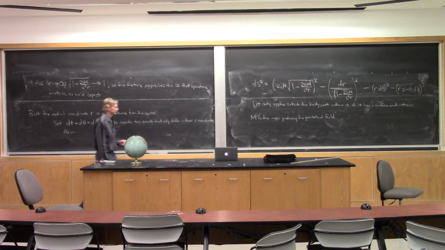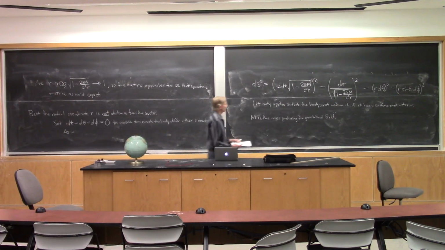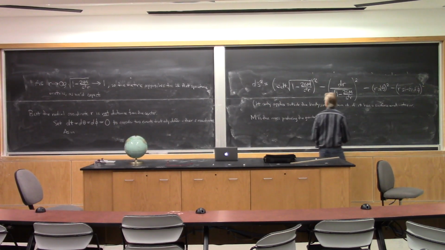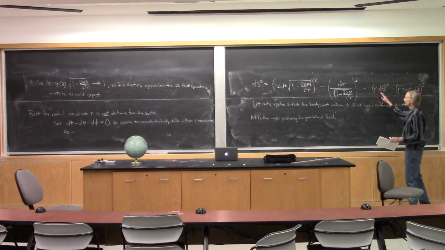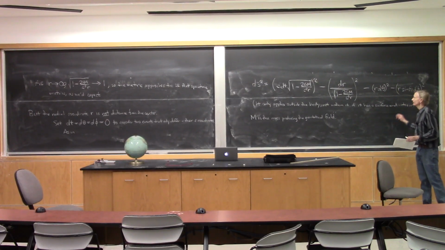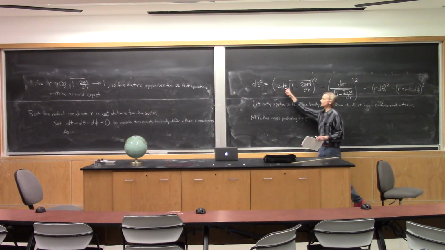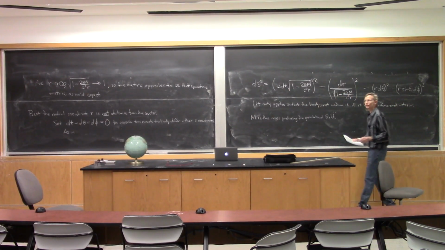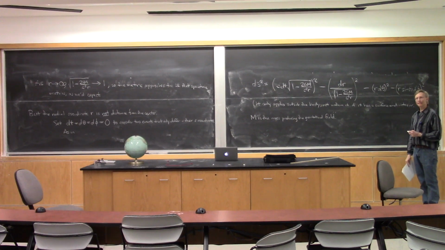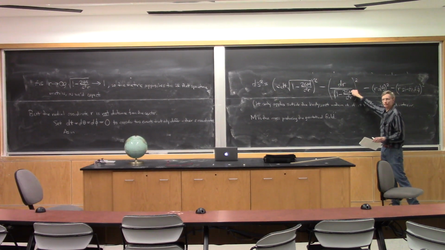So, if that's true, will ds squared be positive, negative, or 0? If d phi is 0, d theta is 0, and dt is 0, will ds squared be positive, negative, or 0? Negative, because you've only got this piece left.